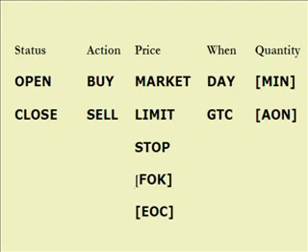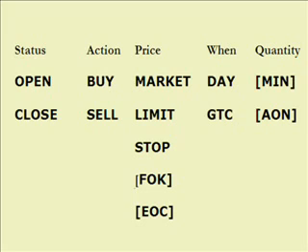Next thing we're going to look at is day specification as opposed to GTC, which is good till canceled. A day order automatically cancels at the end of the day if it hasn't been executed. A good till canceled, with most brokerage firms typically being 60 days, remains in there if it hasn't been executed, so you don't have to enter it the next day.